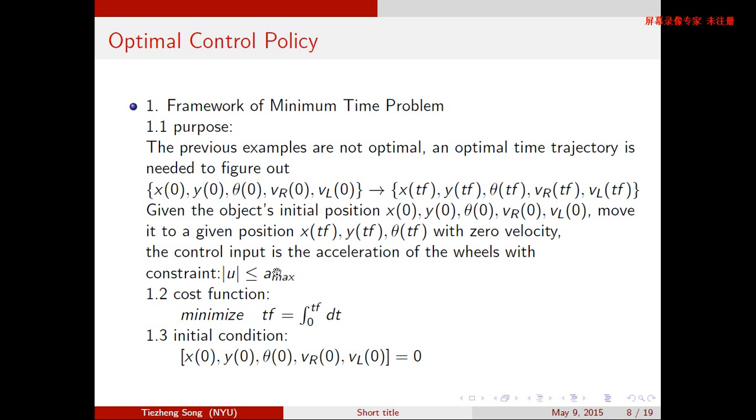These inequalities give the constraints of the input. Since what I'm doing is to minimize the total time, the cost function can be written in this way. I also assume that all the states start from 0.